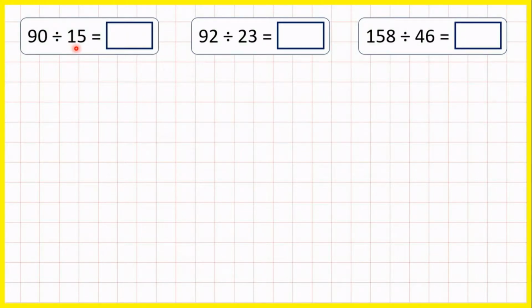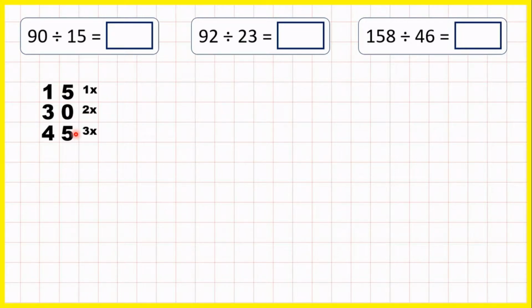Now for these questions we're dividing by a 2-digit number, and we know that with division we can count up in steps of the divisor until we reach the dividend, so we can do the same thing with these questions. Counting in 15s, we know that 15 is 1 times 15, then if we add another 15 we get to 30, so that's 2 times.